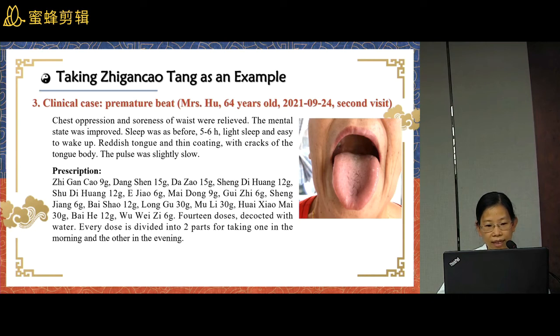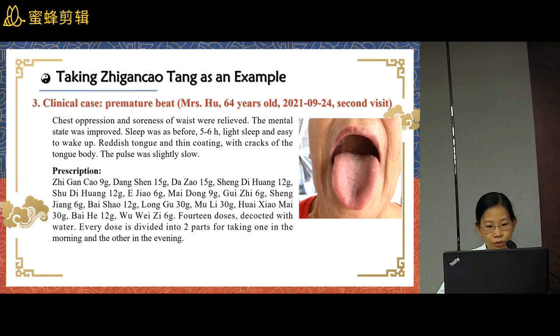There are cracks on the front of the tongue. According to the record of the first visit, the tongue was red and dark. Because of insufficiency of her heart qi, blood, yin and yang, blood circulation was weak, so the color was dark. However, after taking Chinese medicine, heart qi, blood, yin and yang were supplemented, so the dark color of the tongue was relieved.